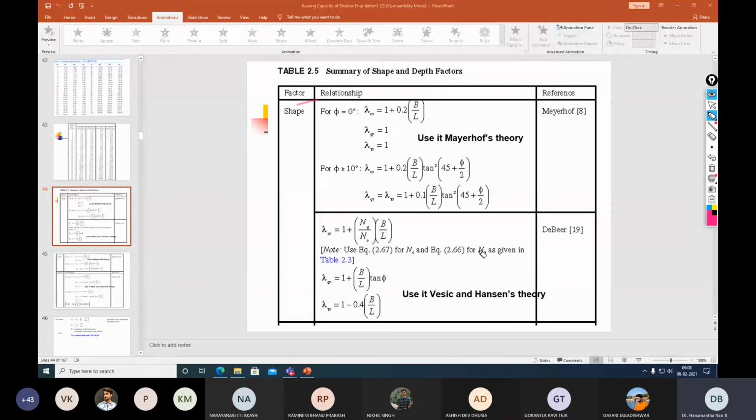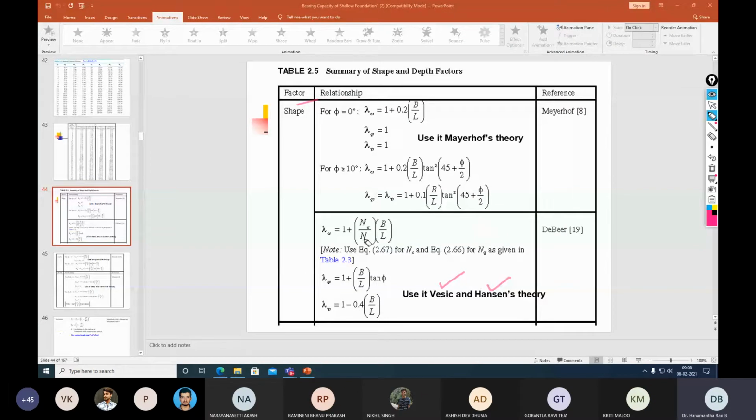These three theories are prevalently used for the calculation of bearing capacity. In the last class, we also attempted to understand how the shape and depth factors in Meyerhof's theory differ from those of other theories such as Vesic or Hansen.